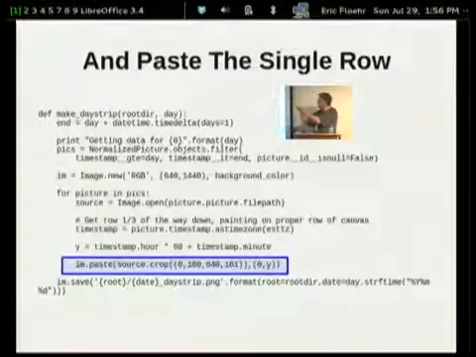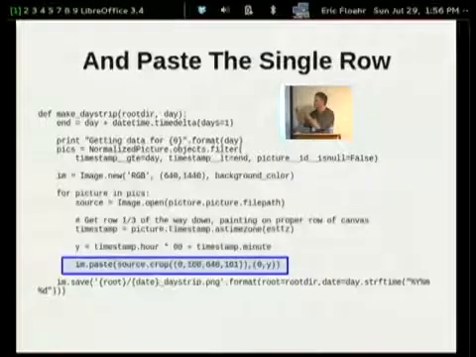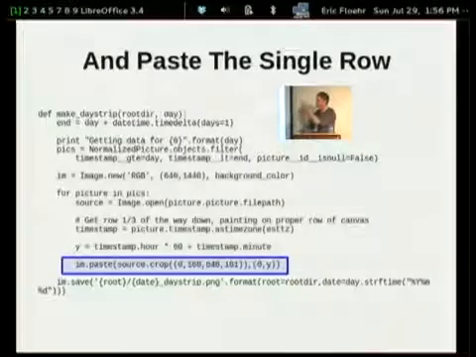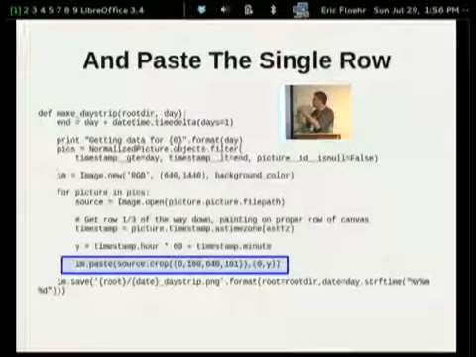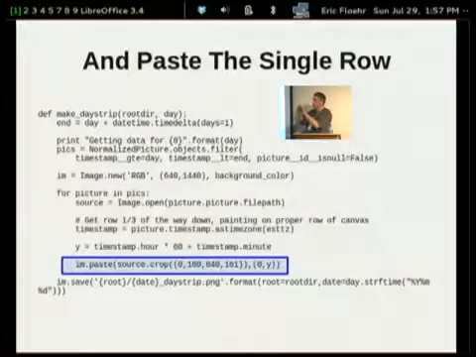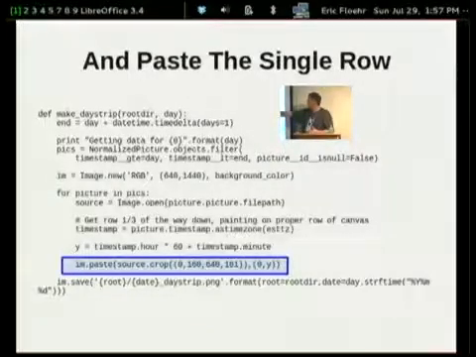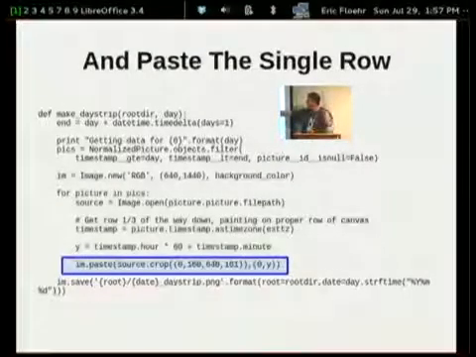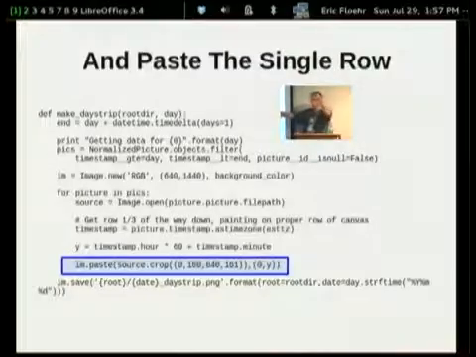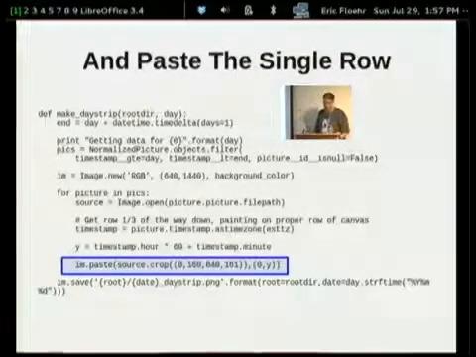This crop, again with the Python Imaging Library, is so much faster than pulling each individual pixel and painting it on our resulting image. I just say, give me an image cropped to that one line, and I paste it into my resulting image, starting at 0 x, and I want it down the picture at y, which is the number of minutes it is into the day.